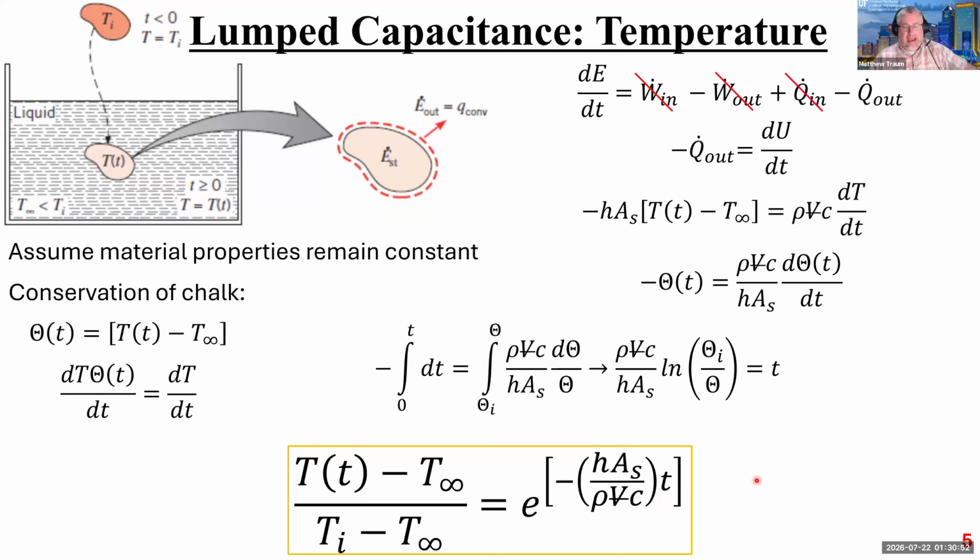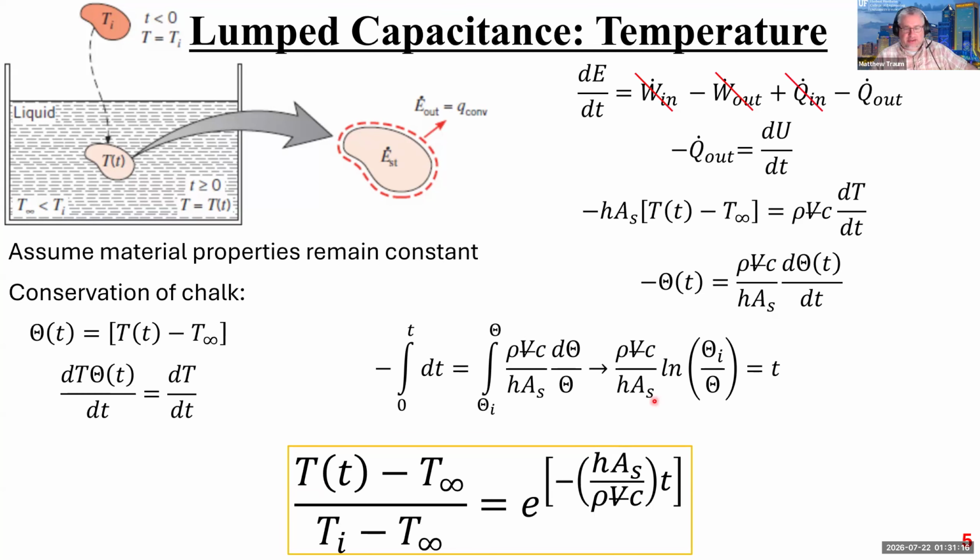And so now I have an expression that gives me the temperature of this object once it gets immersed for any positive time, lowercase t. So that's it, right? This isn't that bad compared to some of the other things that we've seen. So that's the solution for lumped capacitance.